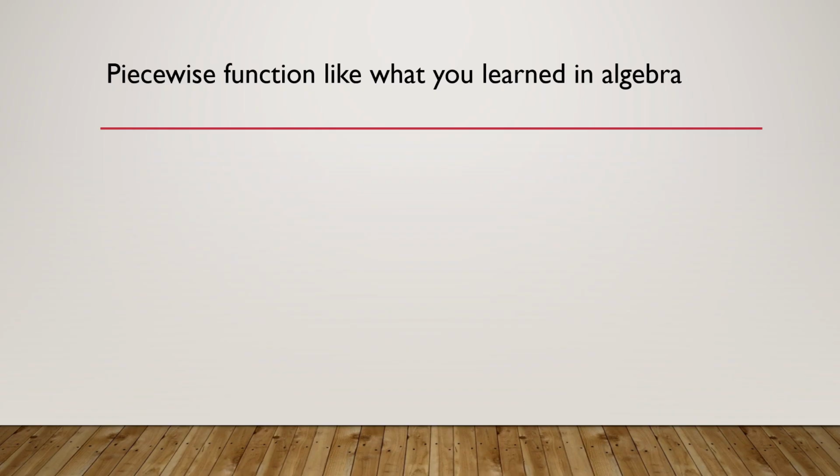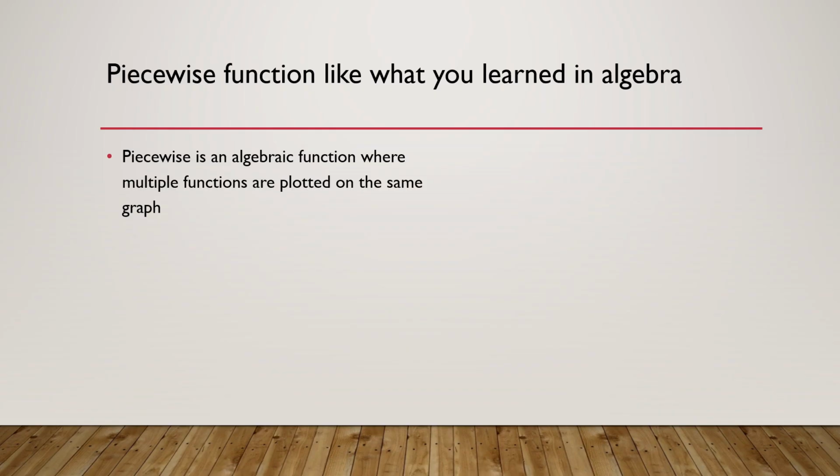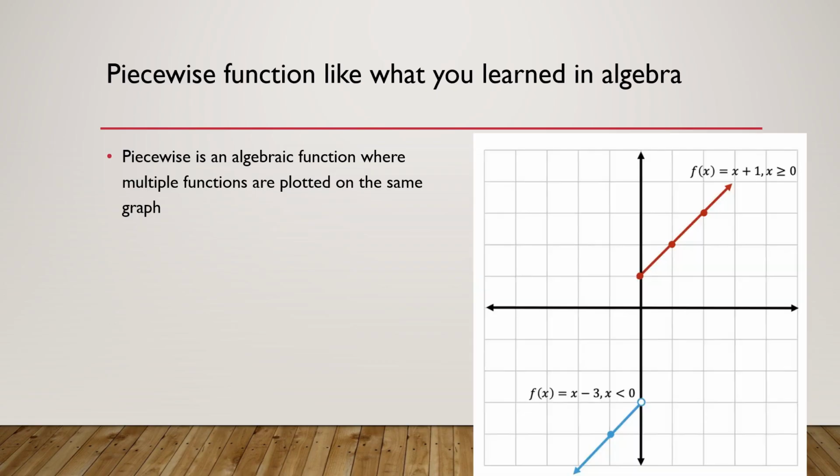So to refresh your memory, this is what your piecewise function looks like. That piecewise function, it's an algebraic function. So you're plotting multiple different lines on the same graph. So we've got this graph right here on the right. There's two functions. One that starts way down in the bottom, the blue. So this is one function, and it tells us when this function is relevant.